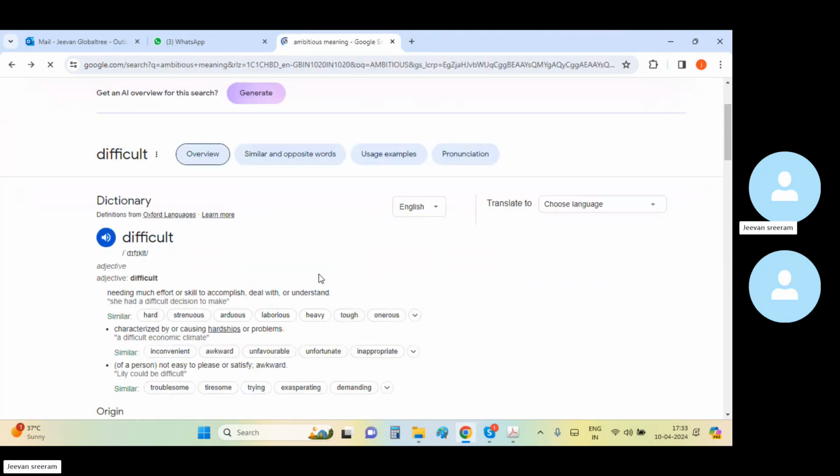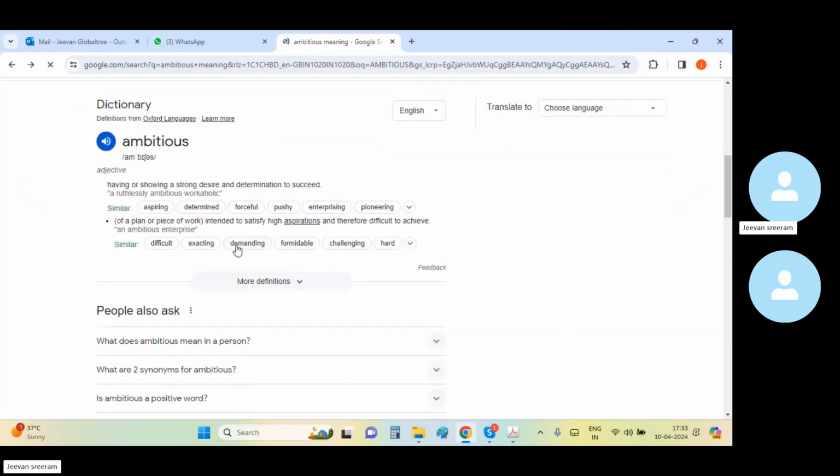So ambitious can also have a meaning like difficult, demanding, formidable, forceful. Ambitious enterprise. How about this ambitious project? What does this mean? Difficult, challenging project. Challenging enterprise. It's a dream project, intended to satisfy high aspirations, therefore difficult to achieve.